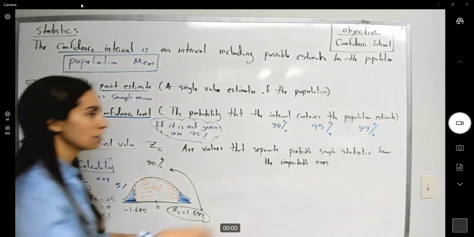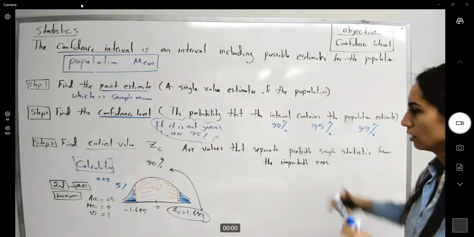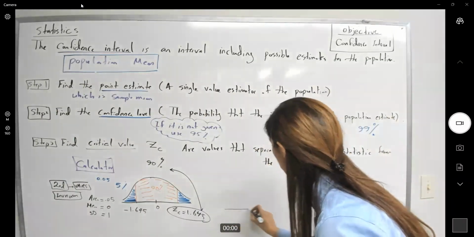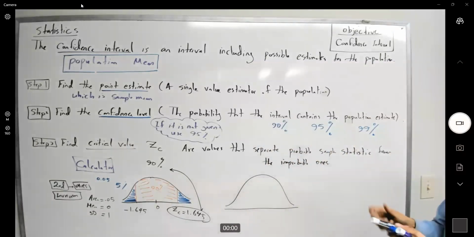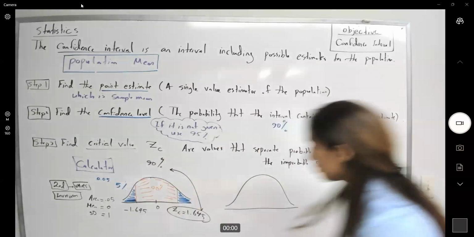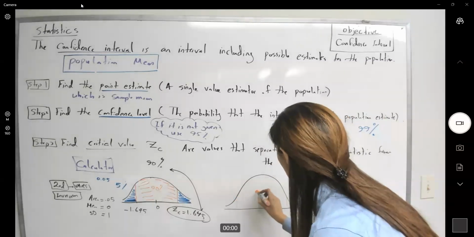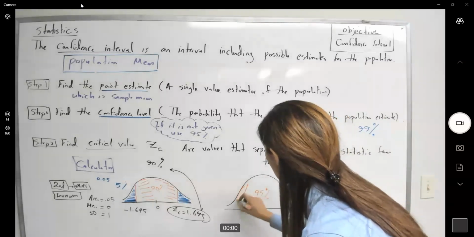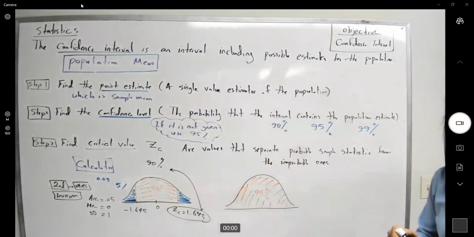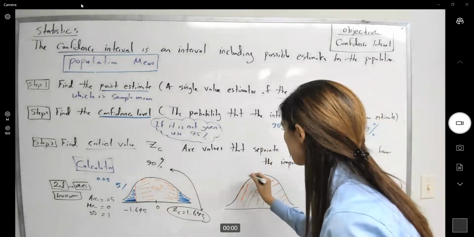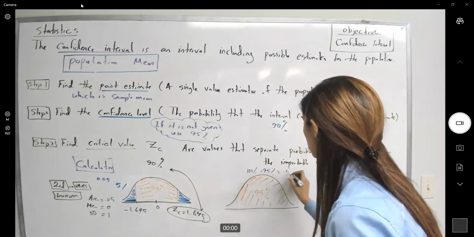We have to repeat this for 95% and so on. So for 95%, this is your normal distribution. With 95%, you take more area than 90%. 100% minus 95% is just 5%, am I right?